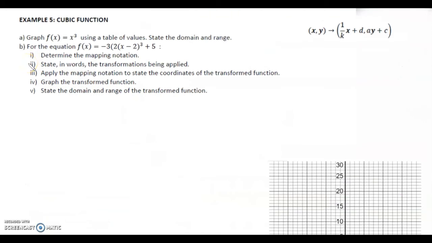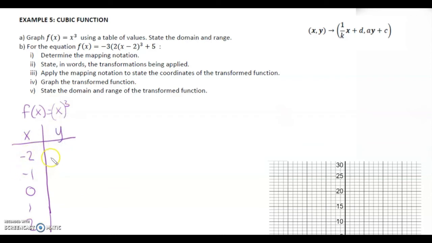Example 5, cubic function. Graph f(x) = x cubed using a table of values, then state the domain and range. Okay, so x cubed may be a new function for Advanced Functions. I'm going to choose -2, -1, 0, 1, 2, and all we have to do is take each of these values and plug it in where the x is, so we cube it.